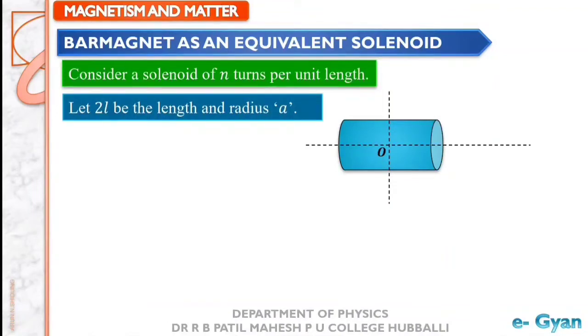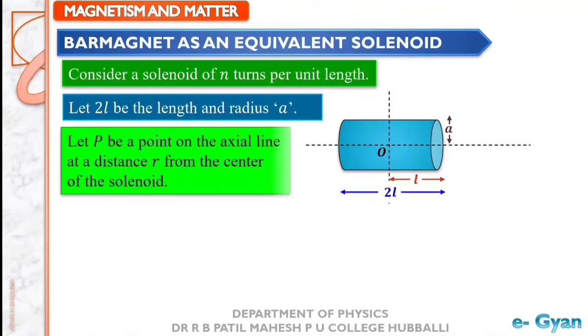Let 2L be the length of the solenoid and A be the radius of the solenoid. If 2L is the length of the solenoid, then half length will be L. Moving ahead, let us assume a point P on the axial line at a distance r from the center of the solenoid. So if I assume point P here, then from the center the point P is at a distance r.